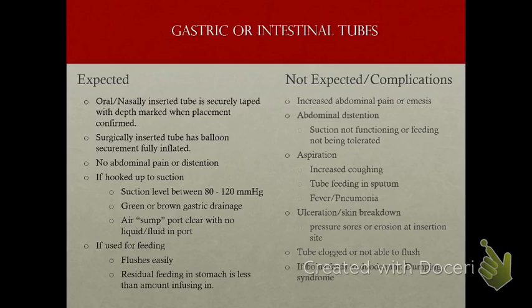In the intestines, we don't usually pull residuals because the tube will collapse if we try to pull suction from the intestine on those small little feeding tubes. We can't really check residual. And it's in the intestines, so we're like, hopefully it worked. But if it's in the stomach, we can check residuals.